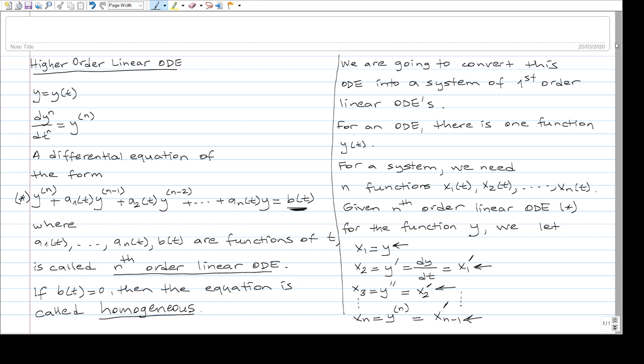So now what are going to be the equations in our system.